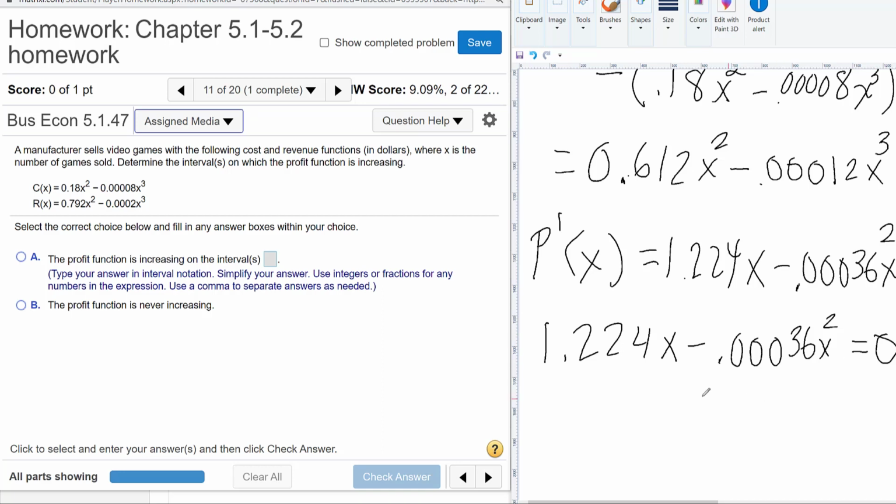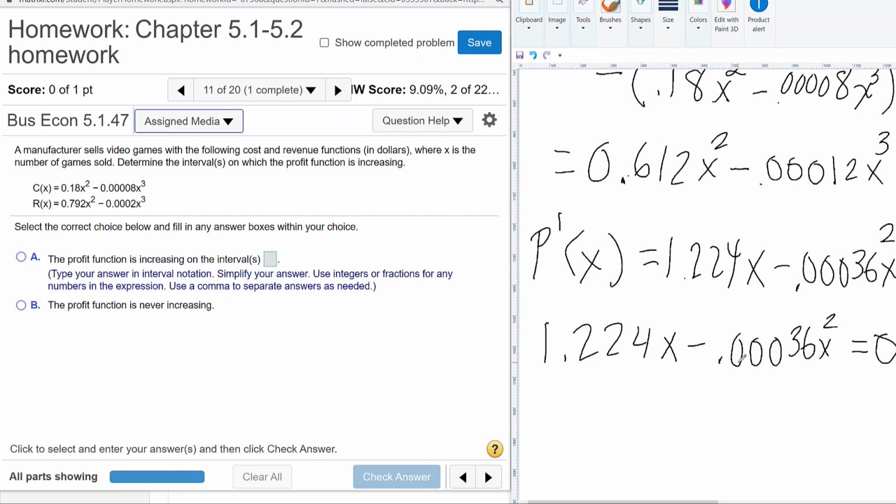So there are a few things I could do here to make this a little bit easier to work with. One is to see if I can factor out a common factor, which obviously I can factor out an x, because they both have an x. I could also, in order to find the zeros, move these decimal points the same number of places.